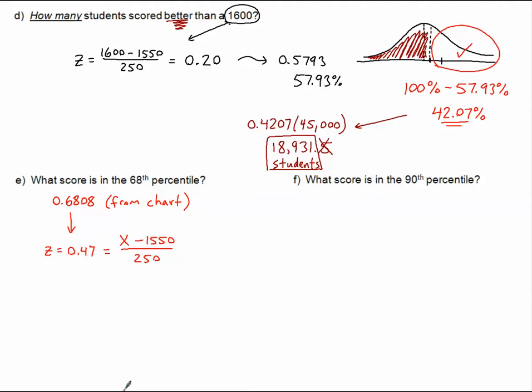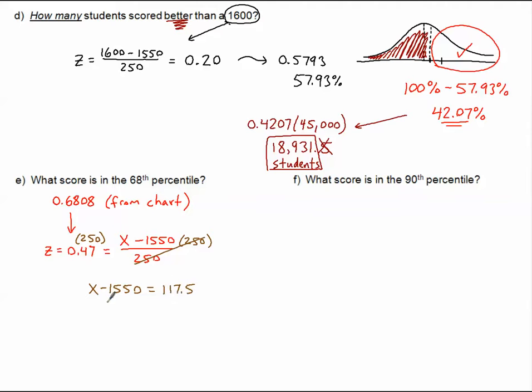So if I'm looking for x, I'm going to get rid of this 250. Let's go ahead and multiply by 250. And I'm going to take this x minus 1550, I'll put that on the left side. 250 times 0.47 is 117.5.